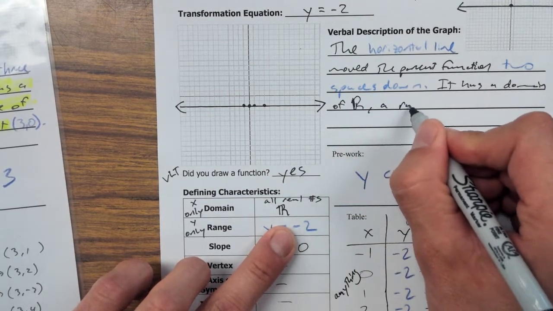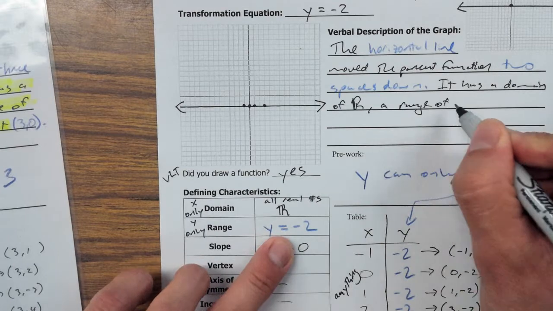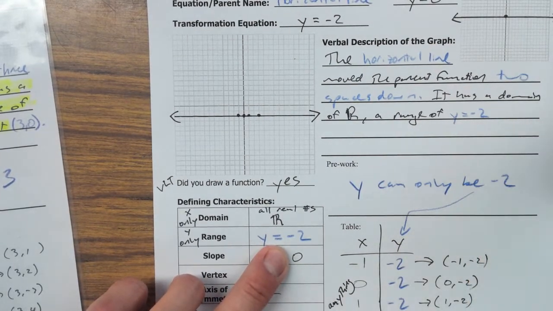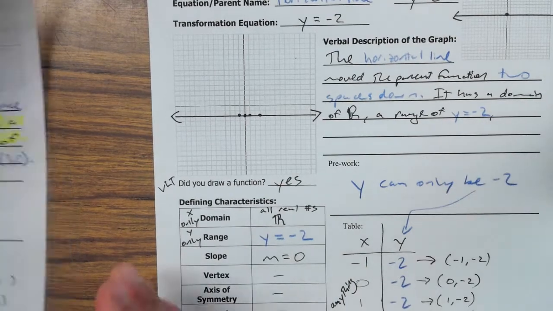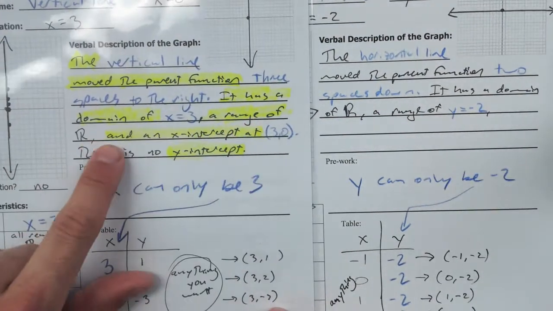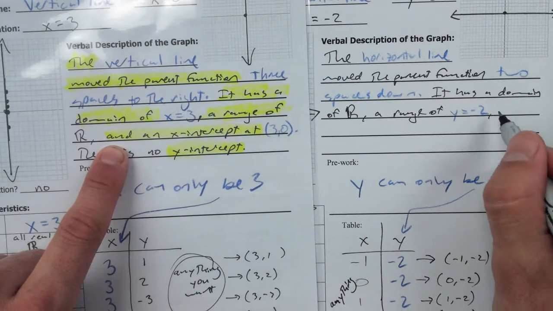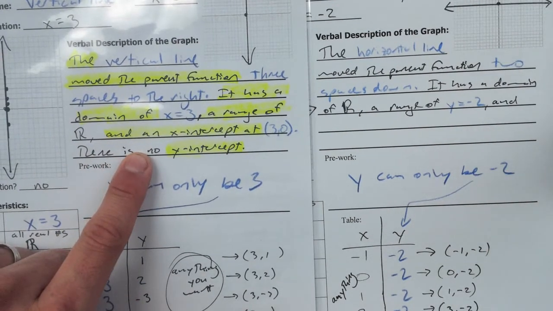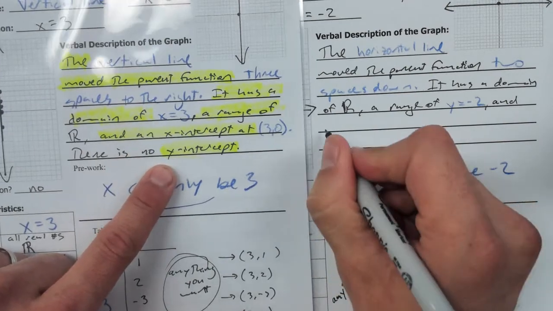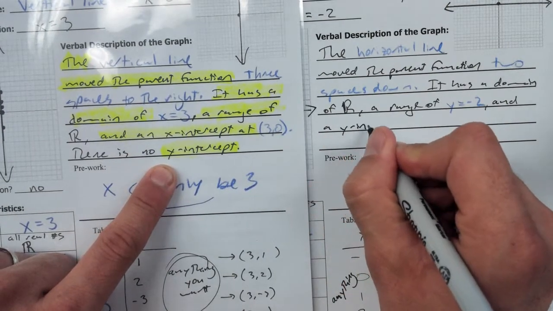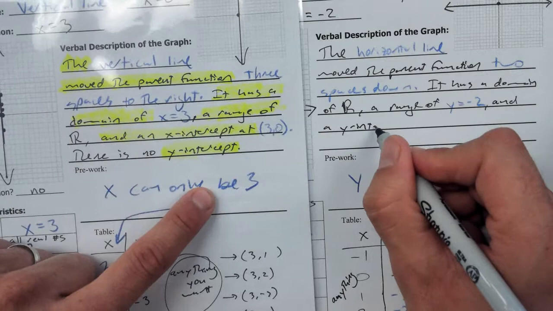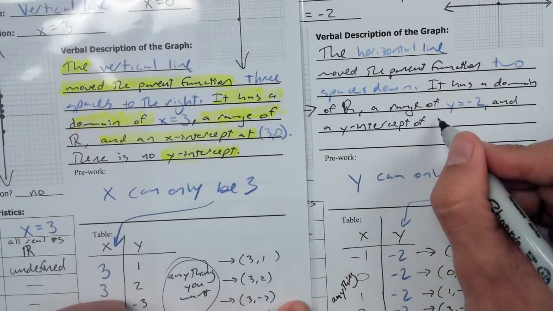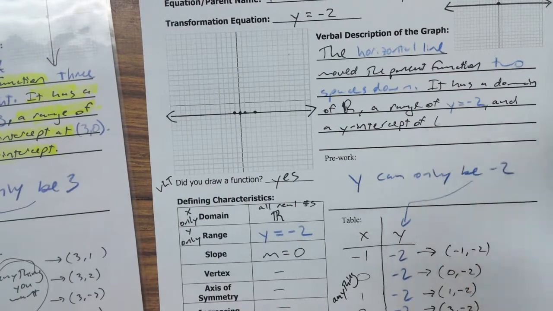A range of y equals -2. A y-intercept of (0, -2).